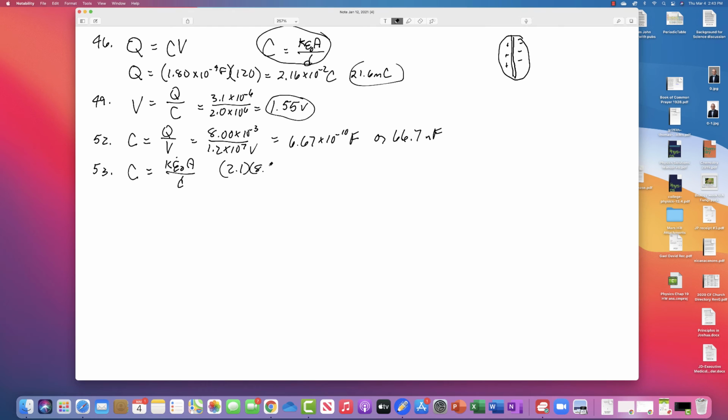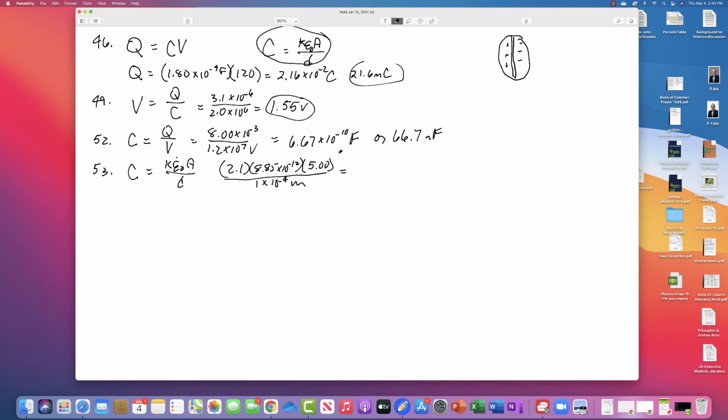E0 is 8.85 times 10 to the minus 12. And then the area they gave is 5 square meters. The distance between the plates was 1/10 of a millimeter, or 1 times 10 to the minus 4 meters.